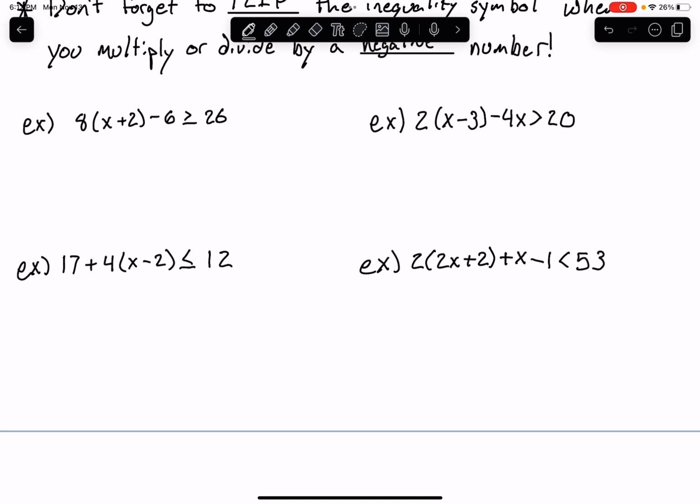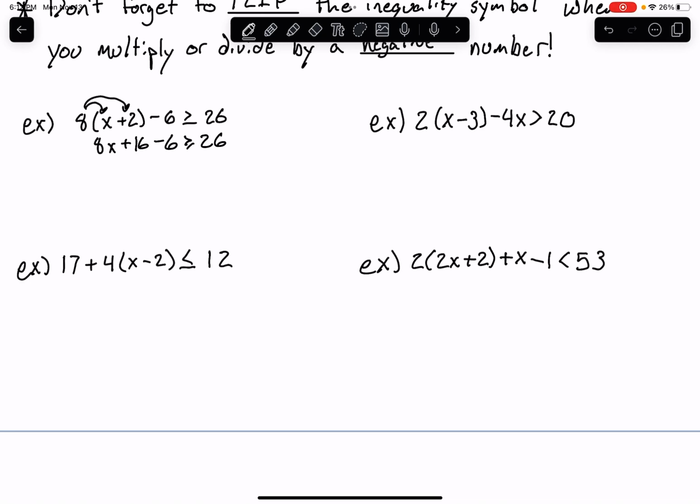First things first, we got to distribute 8 times x and 8 times 2. So we're going to get 8x plus 16 minus 6. Don't forget about anything that is still out there, is greater than or equal to 26. Combine our like terms.